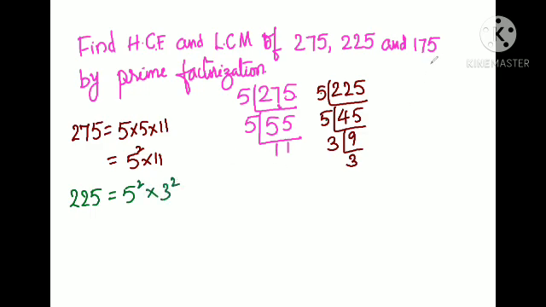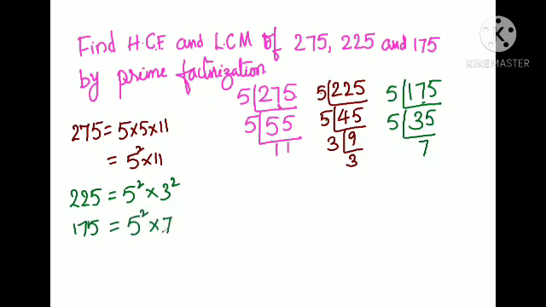Now let us factorize 175. It is also divisible by 5. 5 3 are 15, 2 is the remainder here, 25. 5 5 are 25. 5 7 are 35. We got a prime number. When you get a prime number, you have to stop. Now 175 can be written as 5 square into 7.